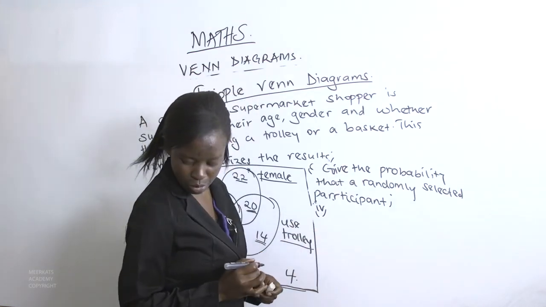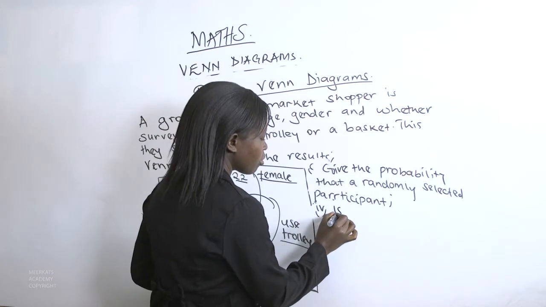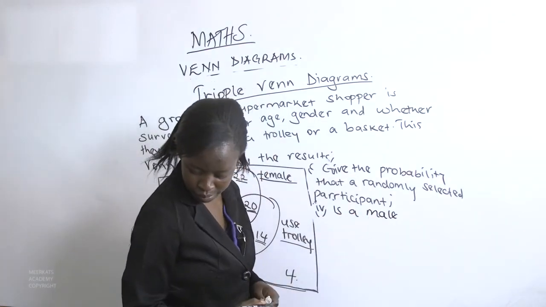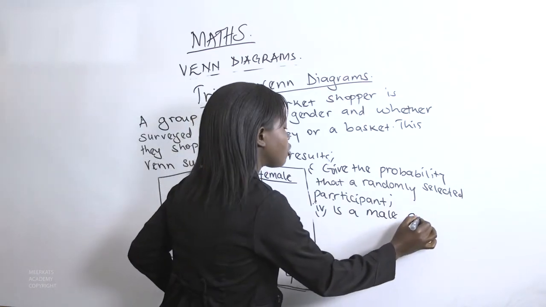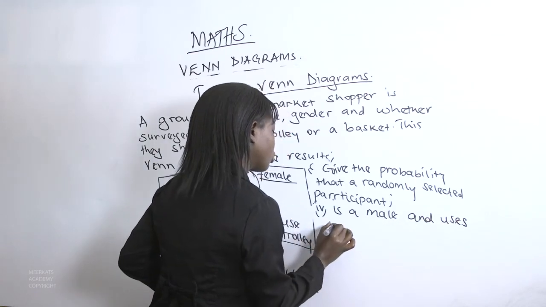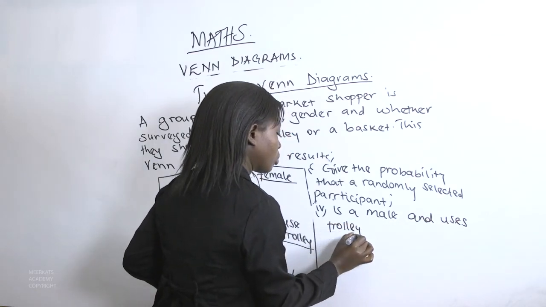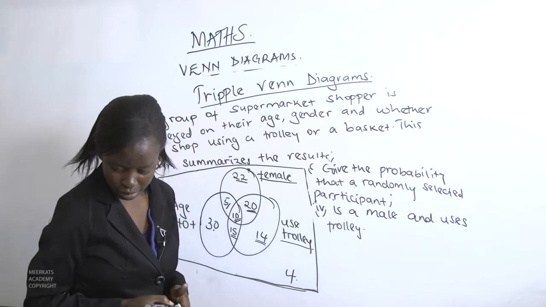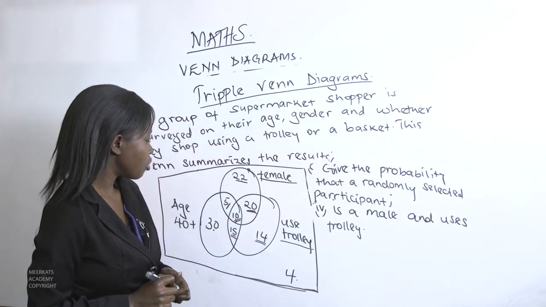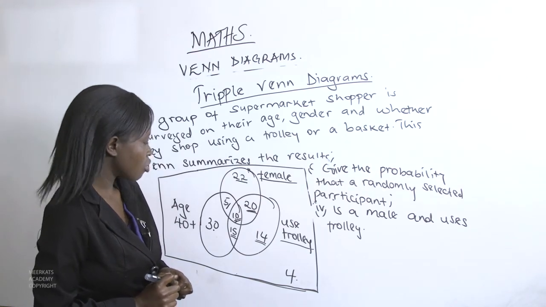Part 4, we are supposed to get the probability that the person selected is a male and uses a trolley.